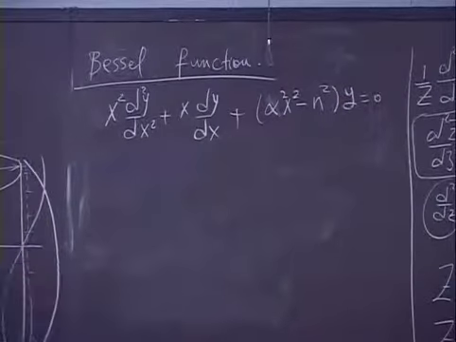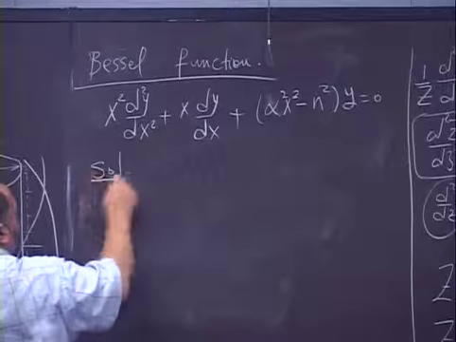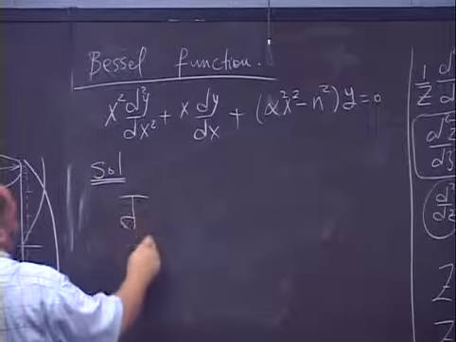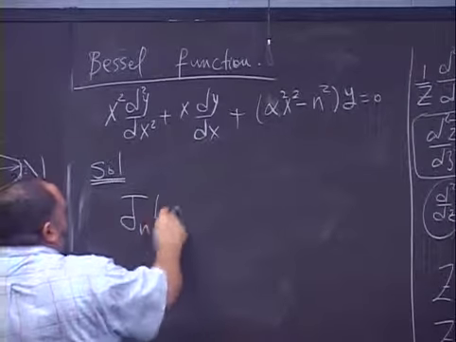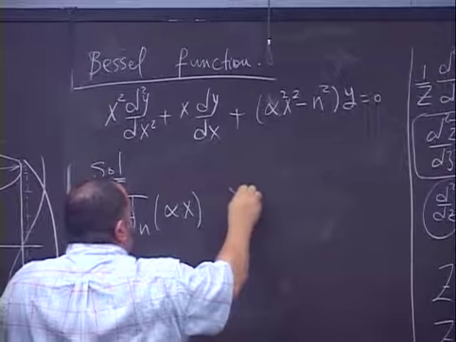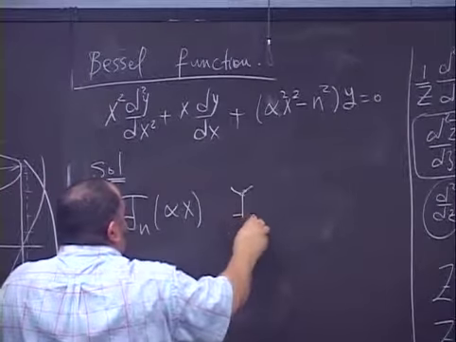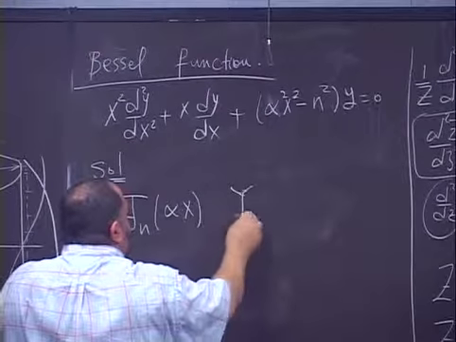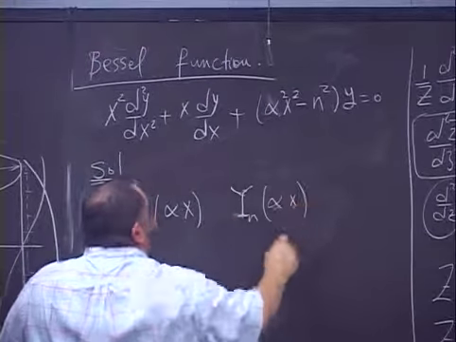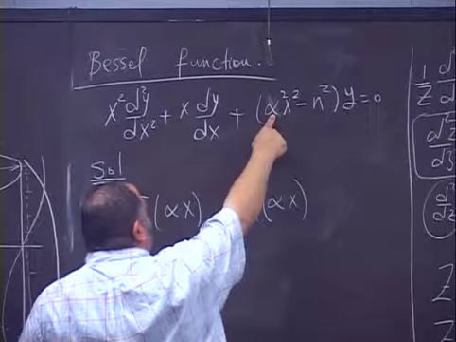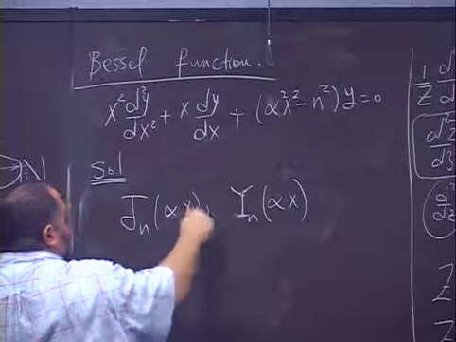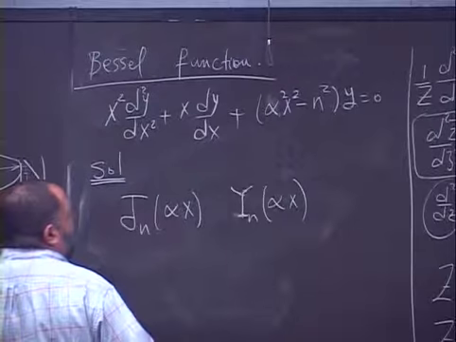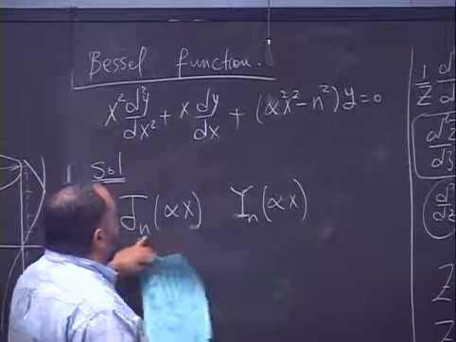So this is the Bessel equation, and the solution for it will be what we call the Bessel function of the n order of alpha x, and these are the two functions, J and Y. So you take whatever is multiplied by x, take the square root of it, and make it the coefficient of x inside the argument for the Bessel function. Now, those are the two solutions for the Bessel function.